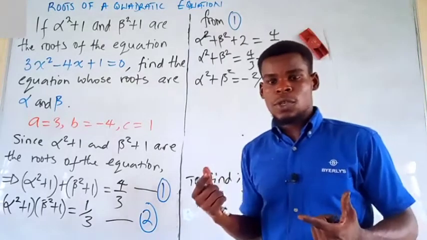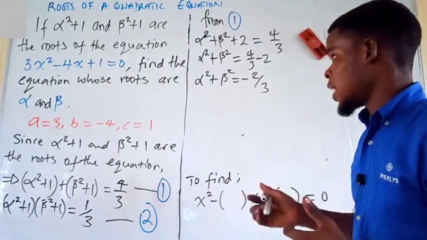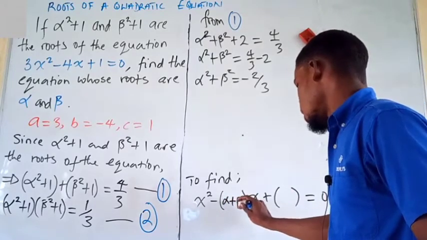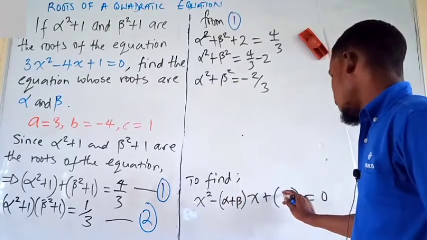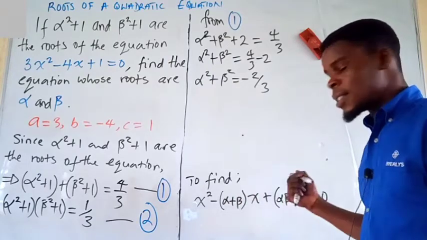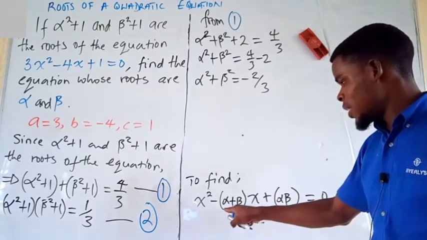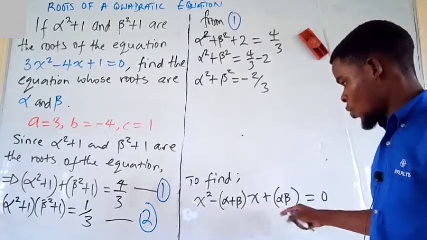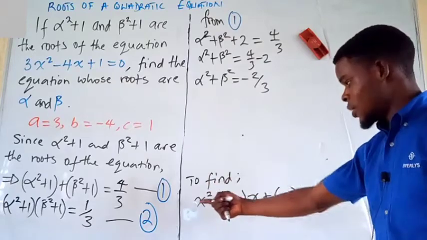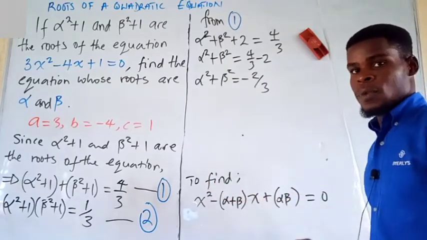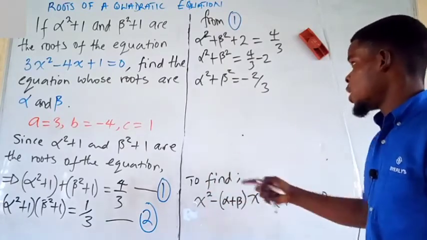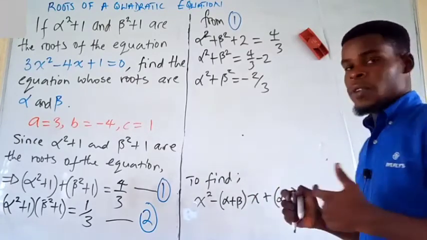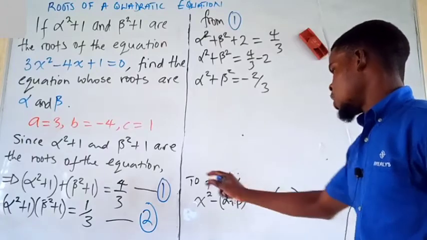If you have an equation whose roots are alpha and beta, it means that alpha plus beta will give us the negative of the coefficient of x, then alpha times beta will just give us the constant term. So we have to find the sum of the two roots and the product of the two roots, so that we just put it into this form, and that will be the equation. Our aim here will be to get something for alpha plus beta and something for alpha times beta.